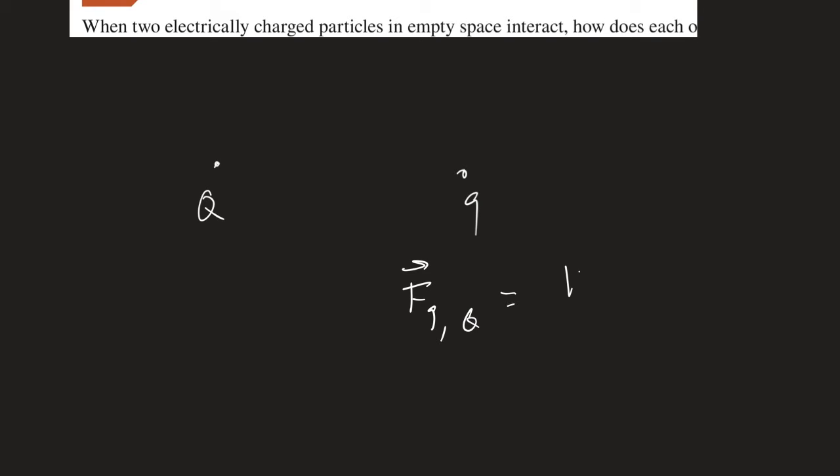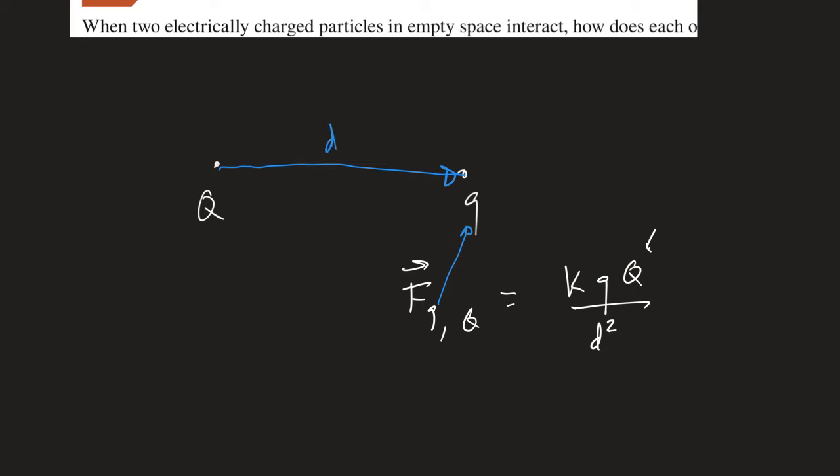We said that it is k, times the magnitude of capital Q, even if it's positive or negative, we plug it in here, divided by the distance squared that separates them. We can name the distance d squared. D is referred to the vector r from the source, because we are watching the force on this charge.